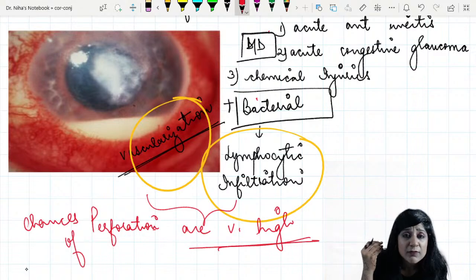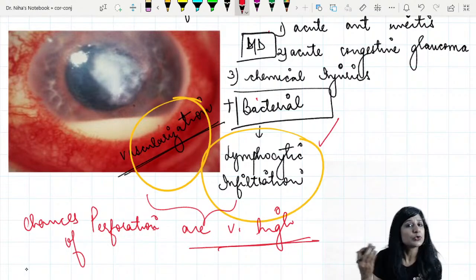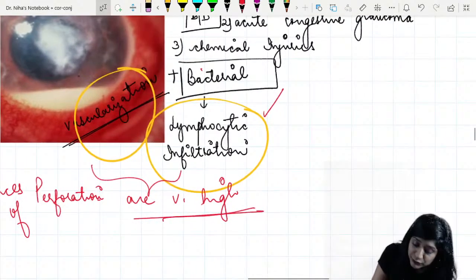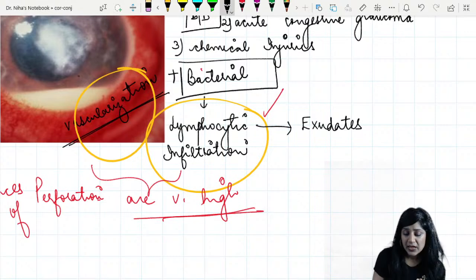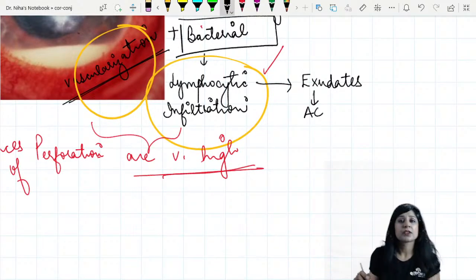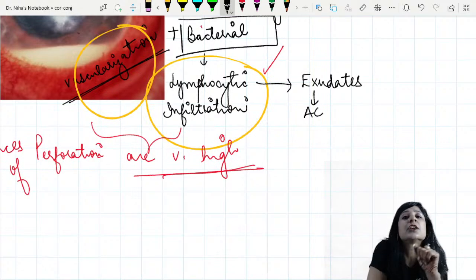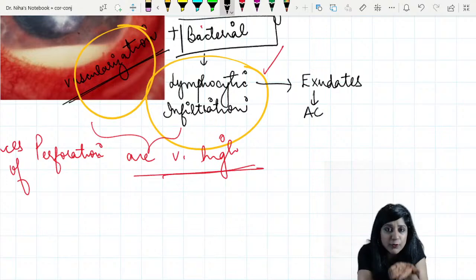In bacterial ulcer you have lot of redness, lot of vascularization, lot of lymphocytes due to the response to bacteria. Now, if I have lot of lymphocytes, I will have lot of exudates, okay? And if these exudates are going in the anterior chamber, always remember the story of the thirsty crow. What will happen? The pebbles will settle down and water will come up.